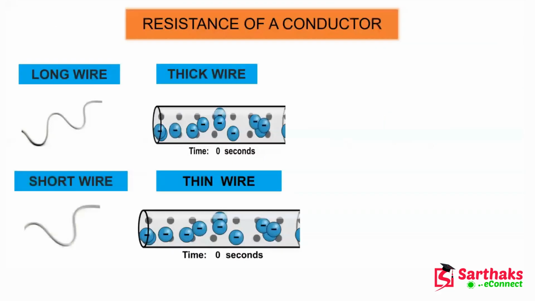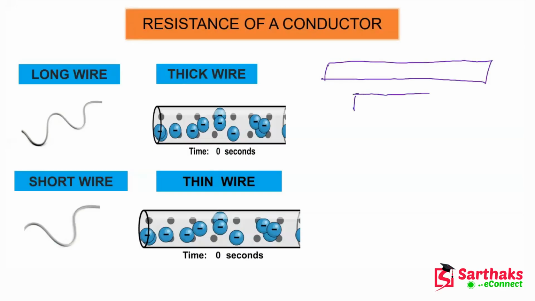Now let's move on to the next slide and try to understand how a resistance is dependent. This is a resistance of a conductor. If a wire is long, its resistance is higher compared to the resistance of a short wire. Why?